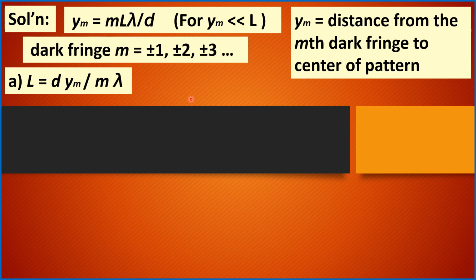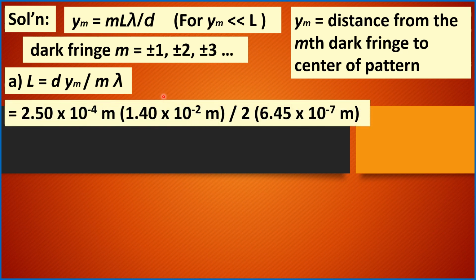Now, for question letter A, we're asked to find the distance of the screen to the slit. Based on this formula, we just isolate the quantity L. That will be equal to the product of d multiplied by y sub m divided by m lambda. So we substitute: the slit width is 2.50 times 10 to the negative 4 meter.